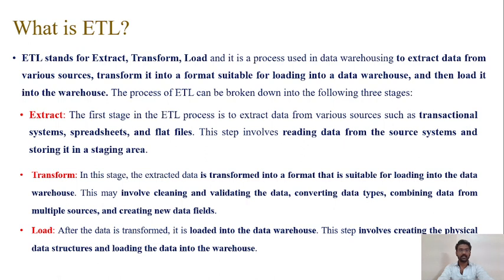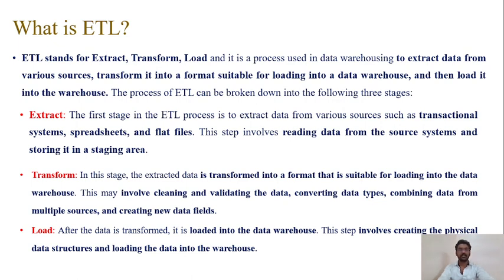In the first stage, the ETL process extracts data from various sources like spreadsheets, flat files, transactional systems, etc. This involves retrieving data from source systems and storing it in the staging area. The second stage is called transform. Here the extracted data is transformed before being loaded into the data warehouse.